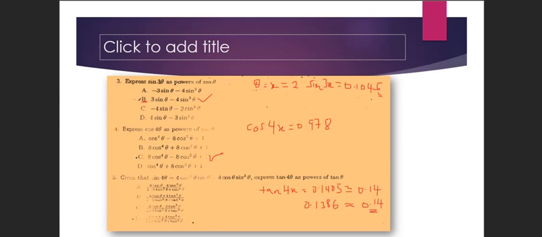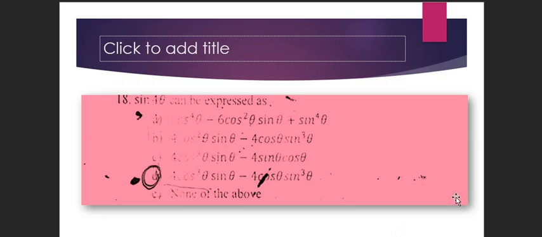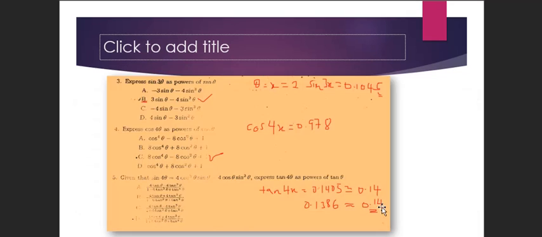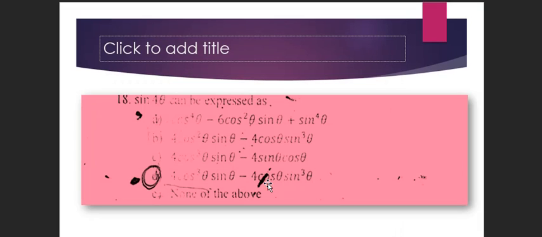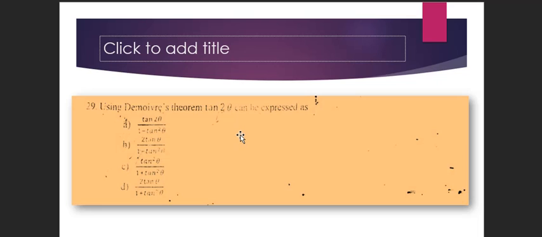Okay, so our final answer is D. Okay, you can also try the same for A, B, and C, and then find out. You notice that you won't arrive at the same answer. Let's proceed. Okay, so this is the same thing. So you can use the same approach to find question 18, and then you arrive at the same answer.